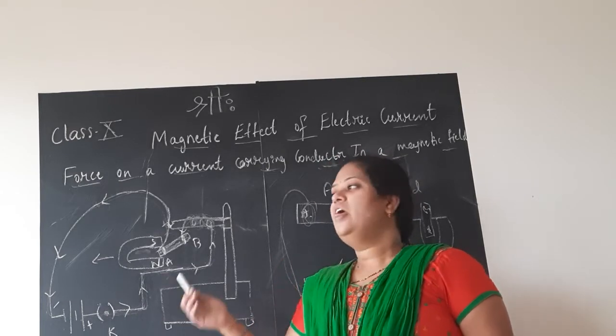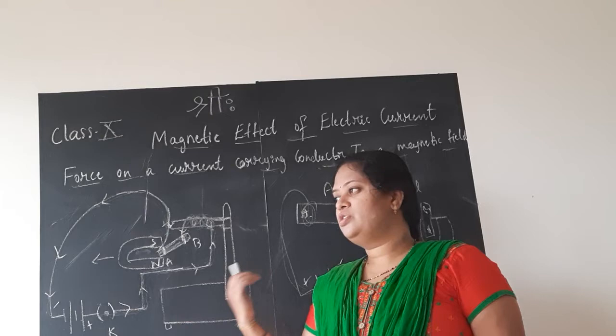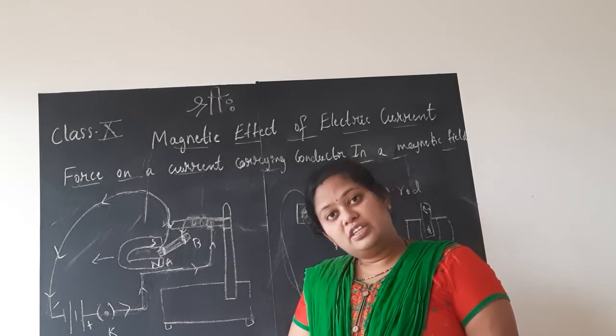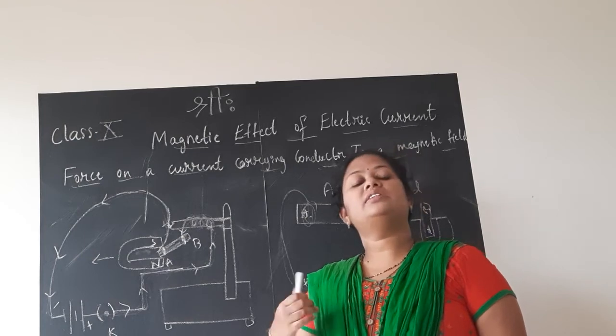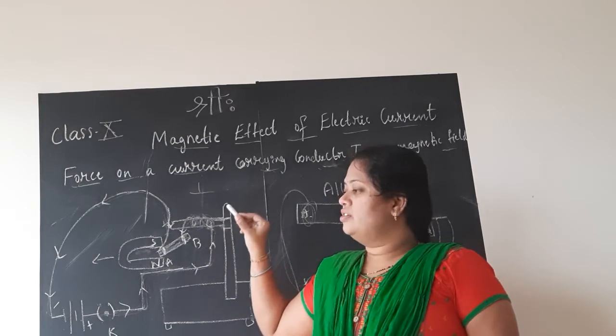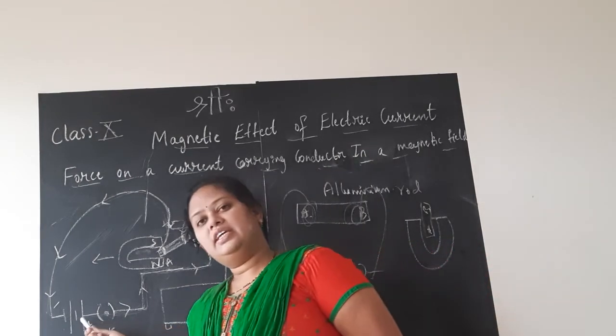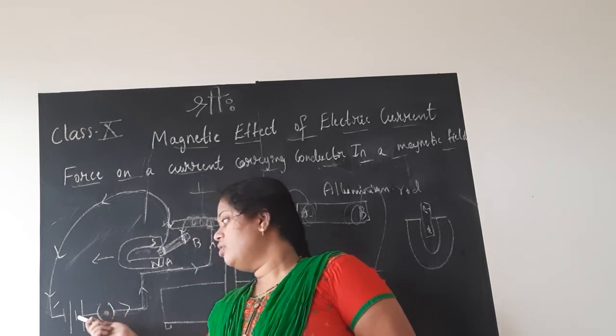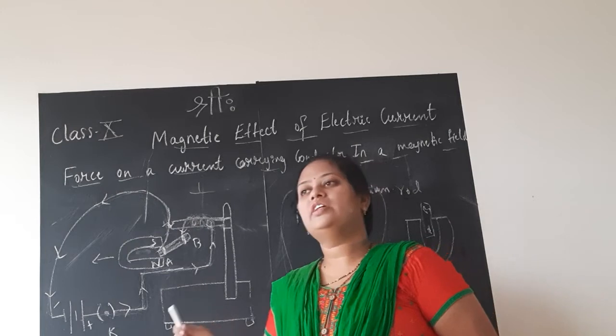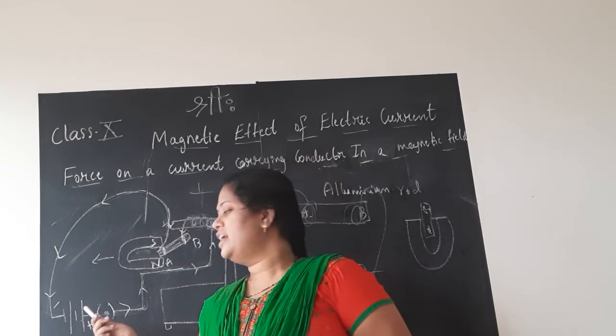Usually you can find out in which direction the magnetic field is produced, and I also said that electric field and magnetic field are always mutually perpendicular to each other, that is, they make 90 degrees. So now we are placing the circuit in such a way that the current always flows in the upward direction. In this case it is flowing in the upward direction.